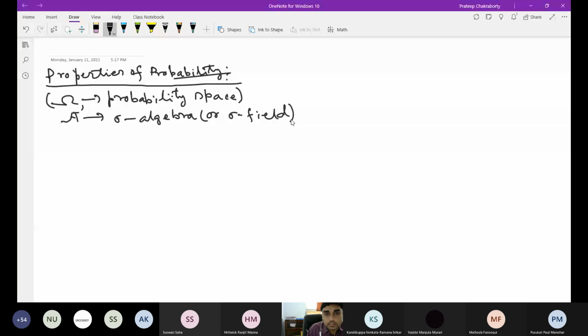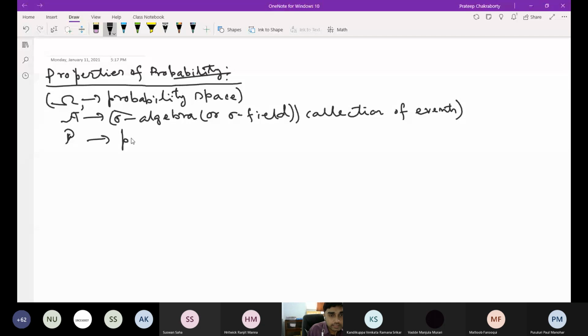So can you see this OneNote page, all of you? So this is actually a collection of events. Okay. And then there was P. So P is the probability.